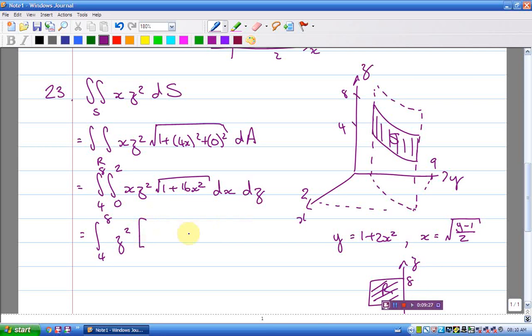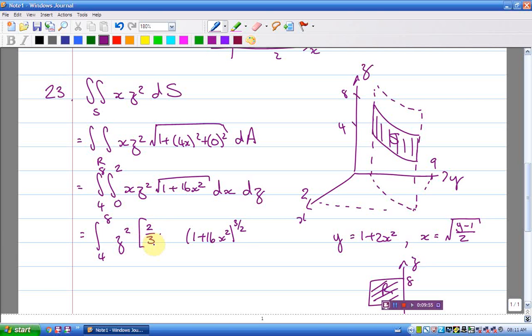Big square brackets. I'm leaving a nice space because I know there are some constants coming. 1 plus 16x squared to the power 3 over 2. If I differentiate 1 plus 16x squared to the 3 over 2, I'll bring the 3 over 2 down and subtract 1 to get a half, which I want, but I don't want that 3 over 2.